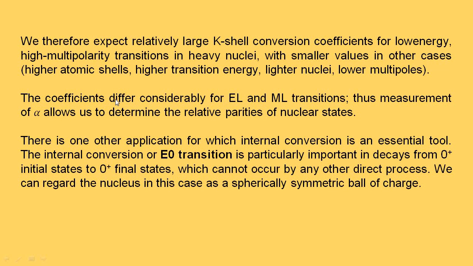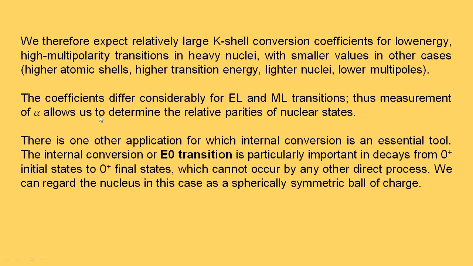The coefficients differ considerably for EL and ML transitions. Thus, measurement of alpha allows us to determine the relative parities of nuclear states. There is one other application for which internal conversion is an essential tool.